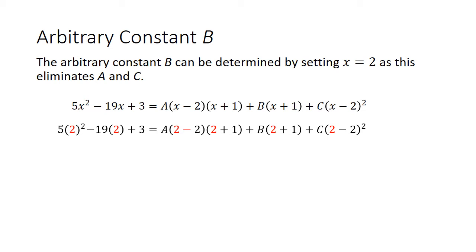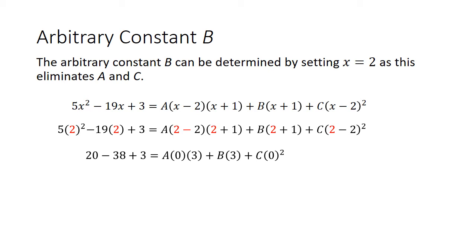You can see here that I've shown the value of 2 in red, and we substitute in 2 everywhere for x. If I go from the left-hand side, 2 squared is 4, 5 times 4 is 20. Minus 19 times 2 gives us minus 38 plus 3.